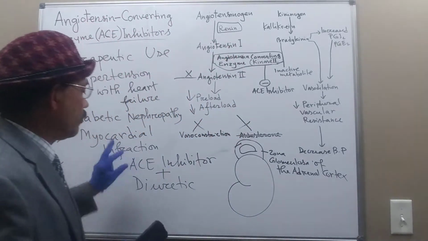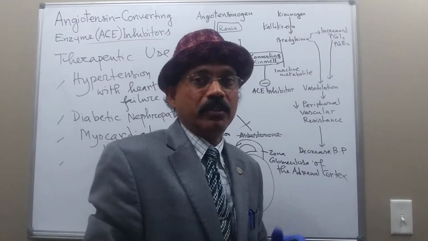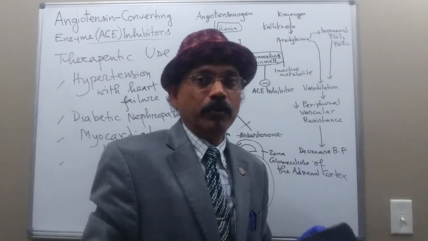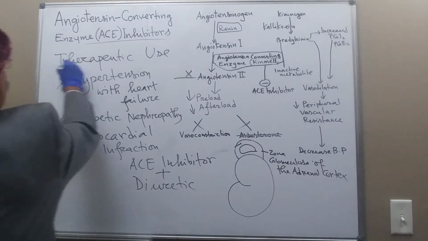So ACE inhibitor plus diuretic. For comparatively young white patients, an ACE inhibitor alone can work better. Okay, we got the therapeutic use.